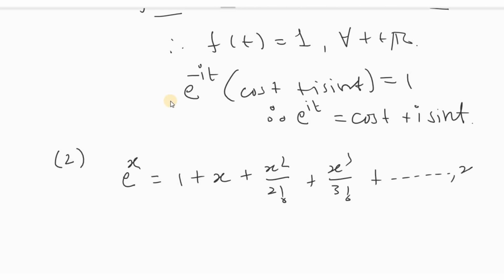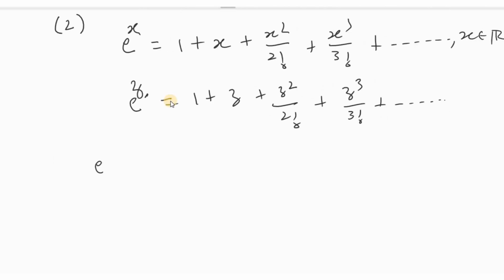And for x belongs to R, this is true. Similarly, if z is a complex number, that means e power z is there, then also we can have the same Taylor series expansion about 0.